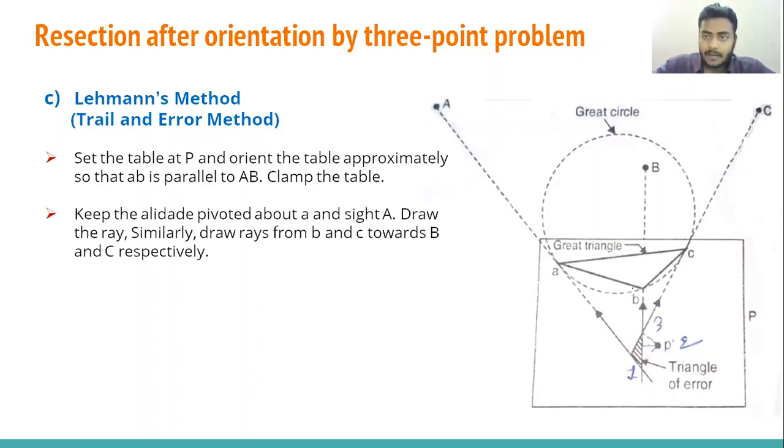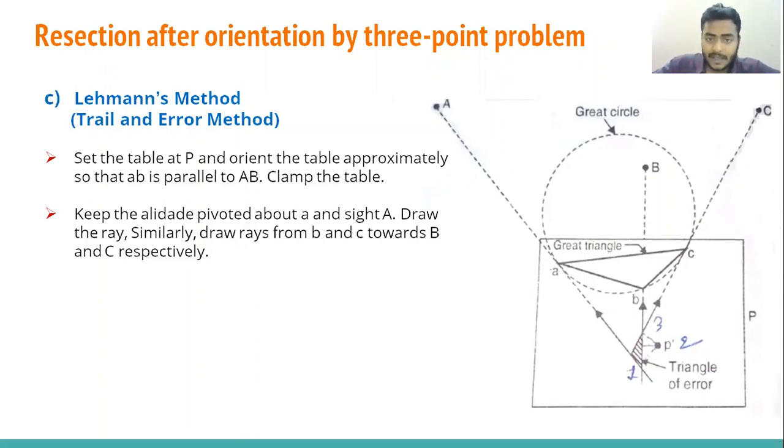Then we can draw the three rays and extend all the rays. Their intersection is giving a triangle, not a point.